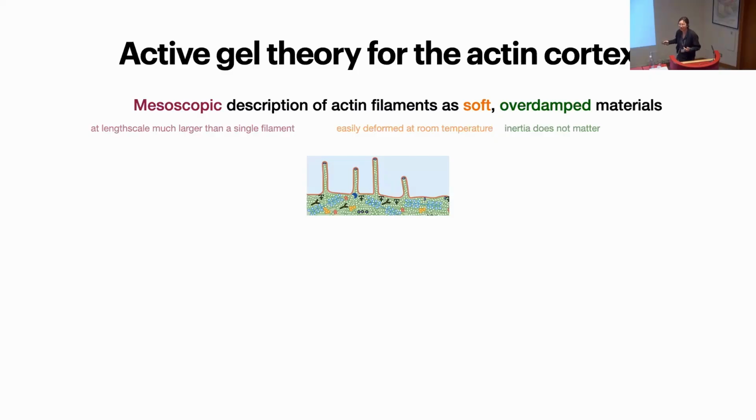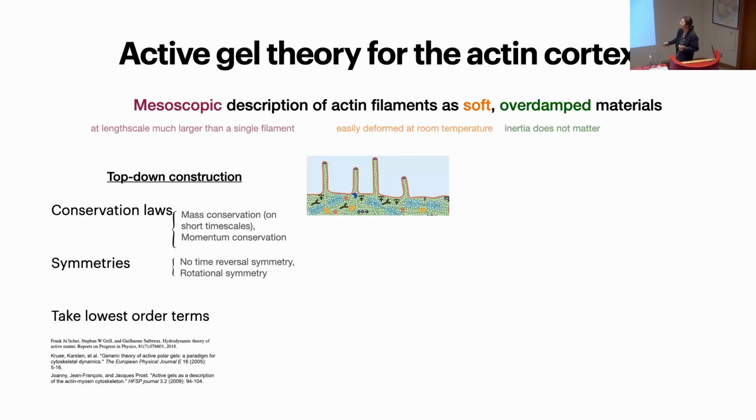So there are two ways to arrive at the theory. The first way, we could use a top-down construction. So we look at the conservation laws that we think are in the system, which in this case, on the short time scale, much faster than the actin turnover rate, we assume mass conservation. And then obviously there's no momentum conservation because it's an overdamped system.